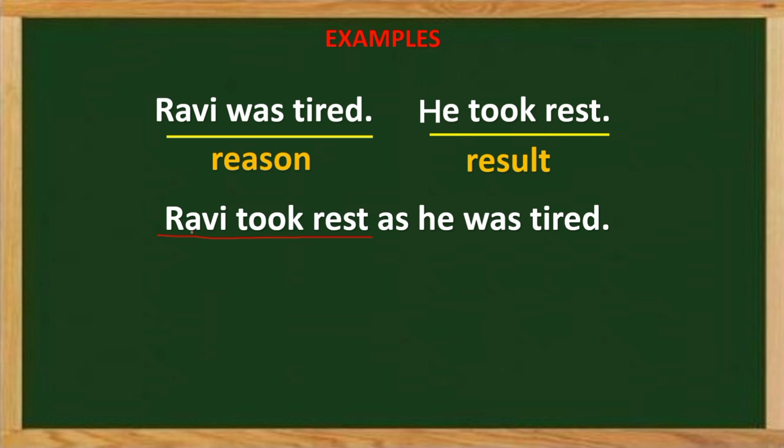So Ravi took rest. This is the result. Then we used as here in between, and see, we don't use any comma here. Then he was tired. This is the reason. So here the structure is result, then in between we put as, then the reason followed.